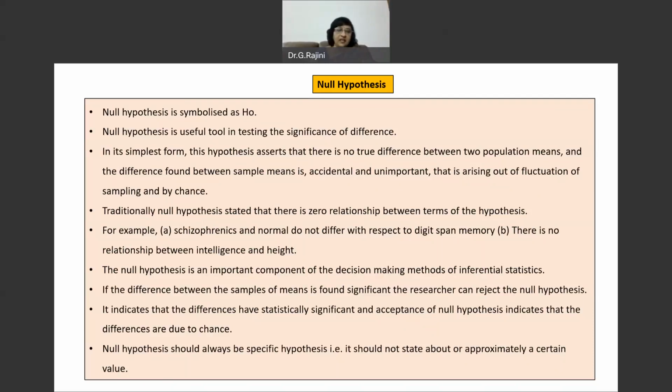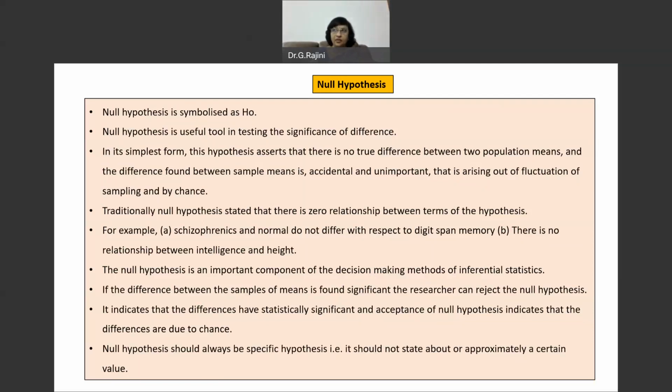It indicates that the differences have statistical significance, and acceptance of the null hypothesis indicates that the differences are because of chance. Okay. So the null hypothesis should always be a specific hypothesis and should not state about or approximately a certain value.